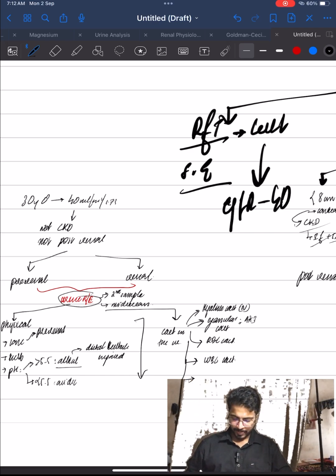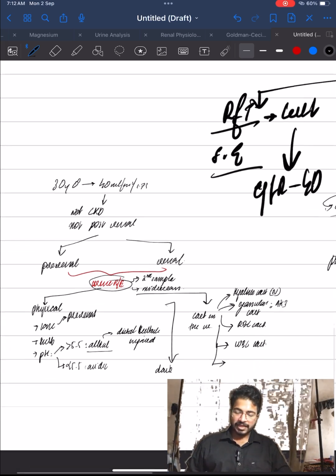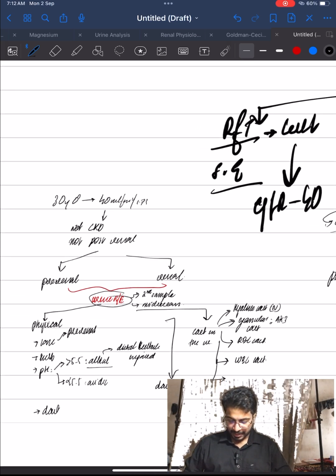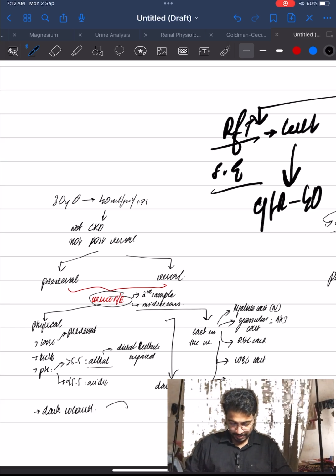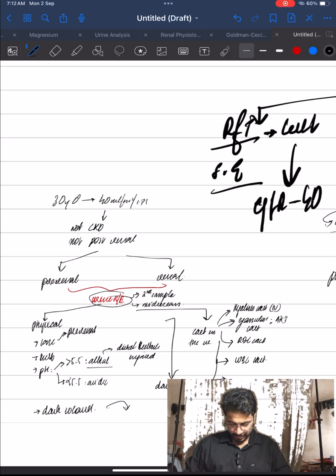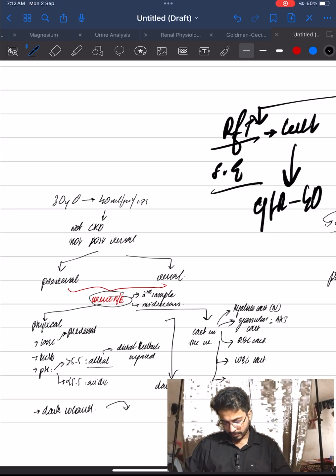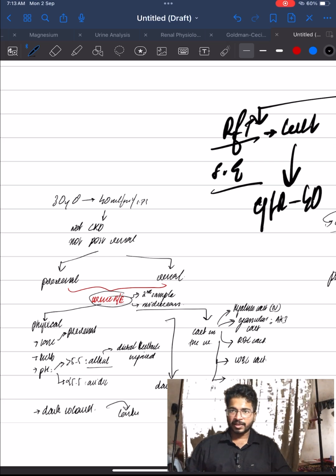Now we will also have to look into whether there are RBCs present in the urine. How do you approach a dark colored urine? We told you physical appearance, concentrated urine. There is a dark colored urine. How will you approach? First, if it's a dark colored urine, you have to rule out hematuria.